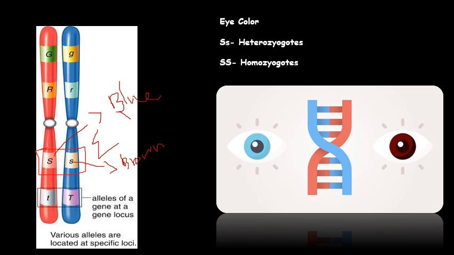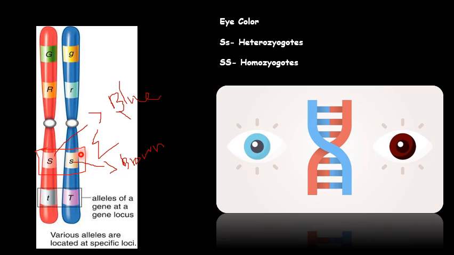As I told you, in a chromosome we'll have a specific location, which we call the locus. In the specific location, a specific type of gene will be there that codes for the specific trait. So this particular portion codes for eye color. Capital S means blue and small s means brown.